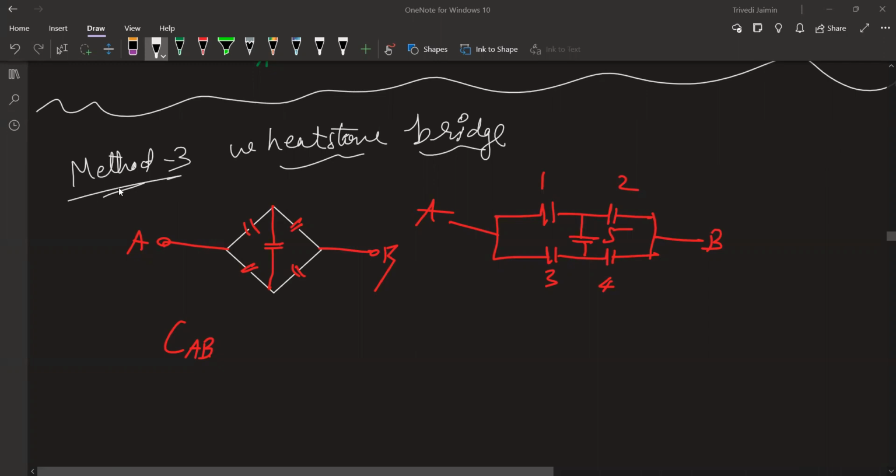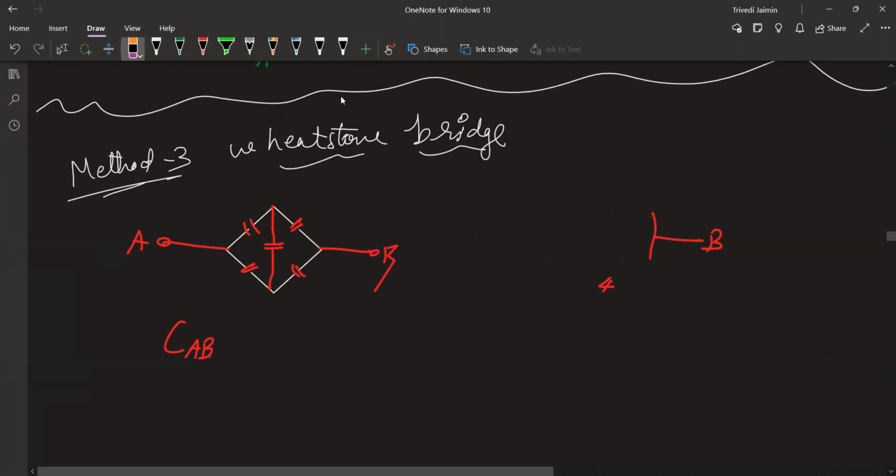No, sir. Okay, actually we can solve it, but it is too complicated, by the delta and star method for resistance, right? Similarly we can try, but why do that? We have the Wheatstone bridge. That is the need of the Wheatstone bridge, so that it will be easier to solve.